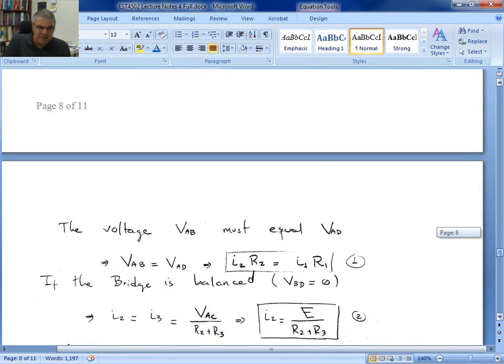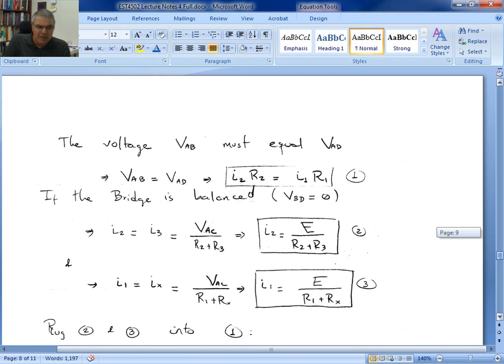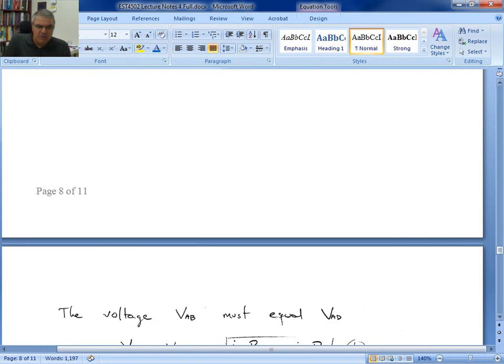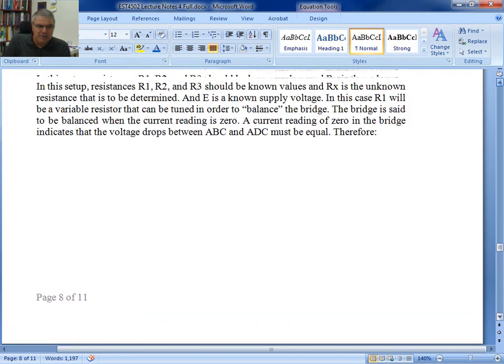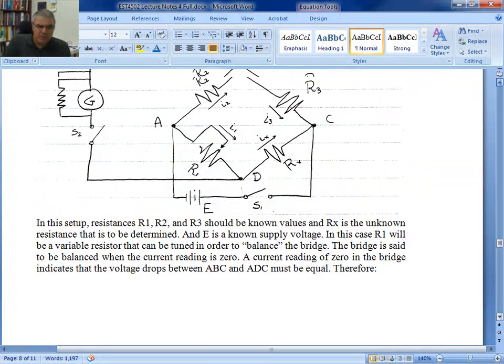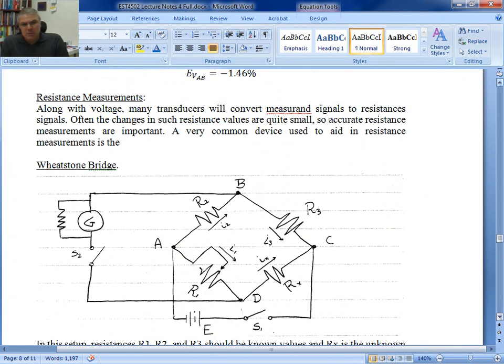The bridge, we have discussed it already, but for the bridge, let me quickly go over that. The Wheatstone bridge, again, it converts the measured signals to resistance signals.